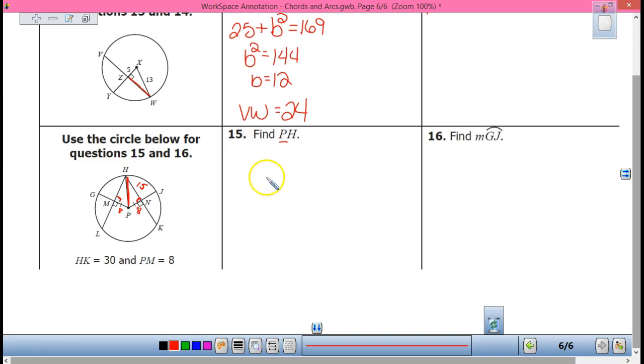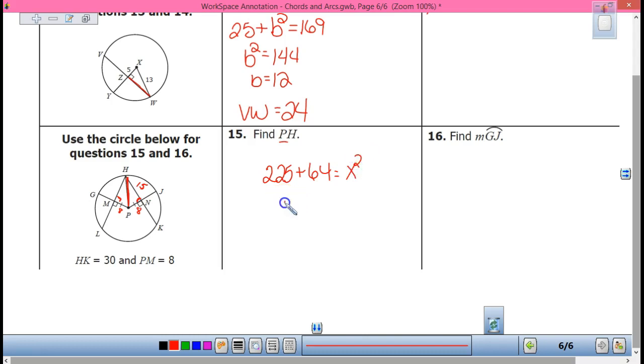Okay, so how am I going to set this up? Pythagorean theorem. So I'm going to get 225 plus 64 equals x squared or c squared, either one.